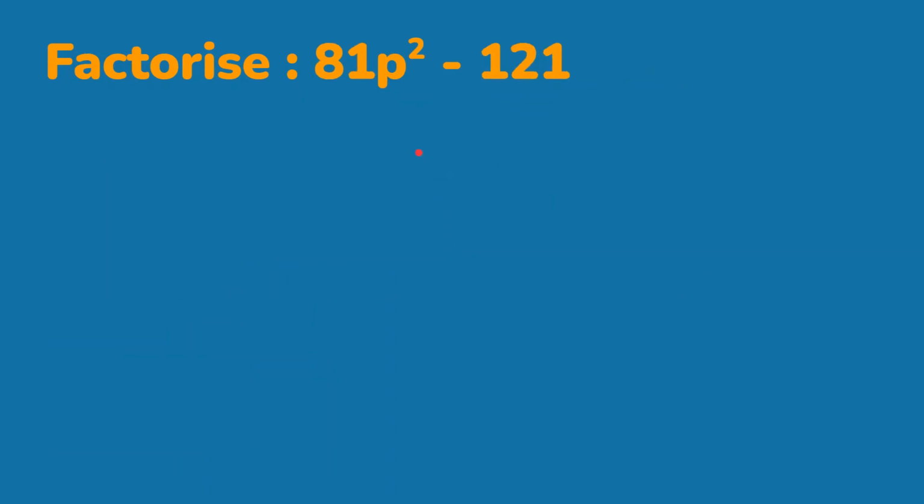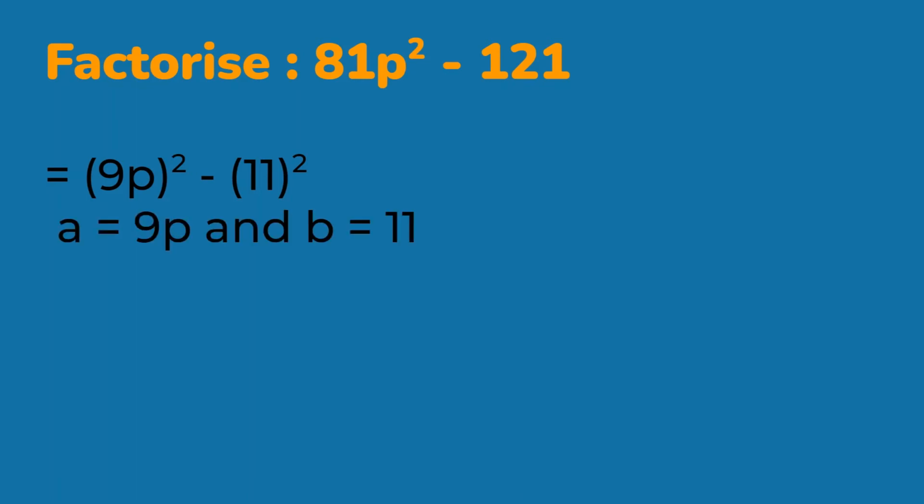Now we have to factorize 81p squared minus 121. Here you will observe that there are only two terms and both are squares. 81p squared is the square of 9p and 121 is the square of 11. So it is (9p) whole squared minus (11) whole squared. Since we'll follow the same steps that we have used before, we'll replace 9p with a and 11 with b like this.